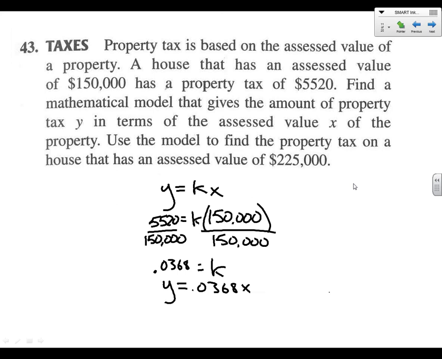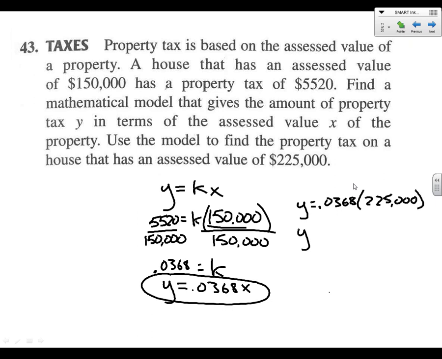x. And then they say use the model to find the property tax on a house that has an assessed value of $225,000. Now that we have a model, we can go ahead and plug in other values other than 150,000 and see what the assessment should be. So y equals 0.0368. Go ahead and plug in a new value for x.